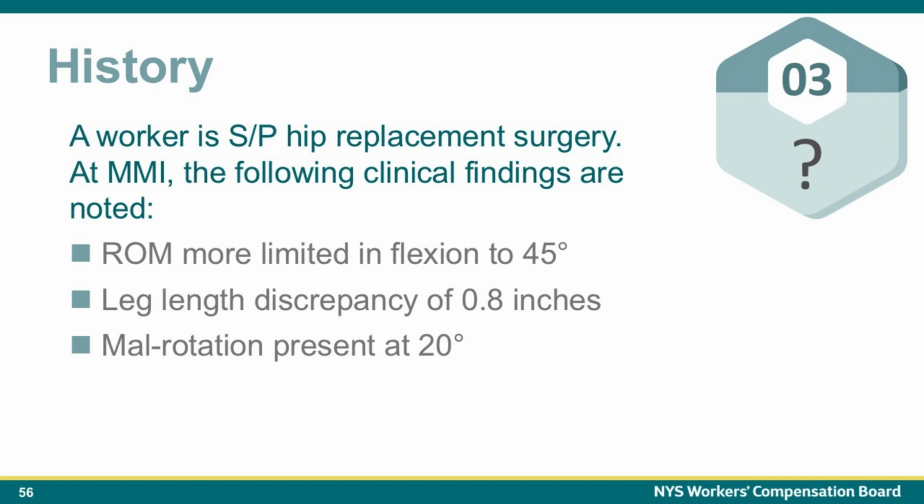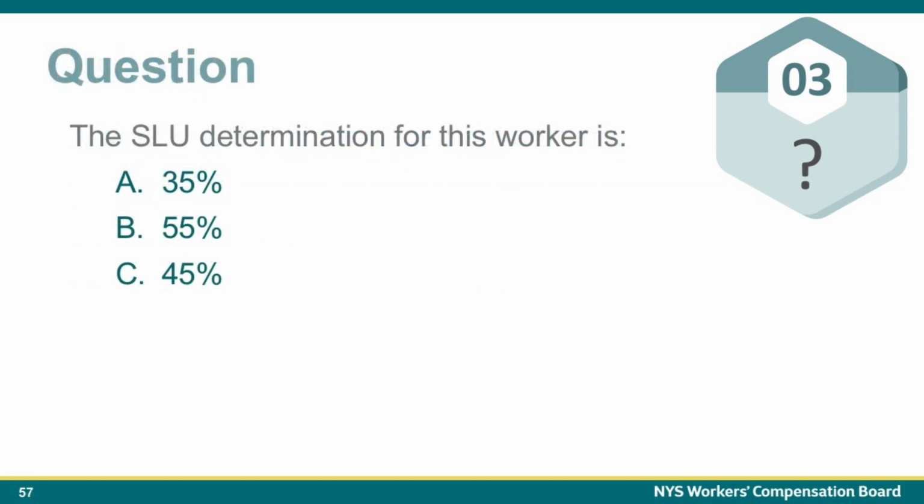There is a leg length discrepancy of 0.8 inches, and malrotation is present at 20 degrees. So what is the SLU determination for this patient? Is it A, 35%, B, 55%, or C, 45%?